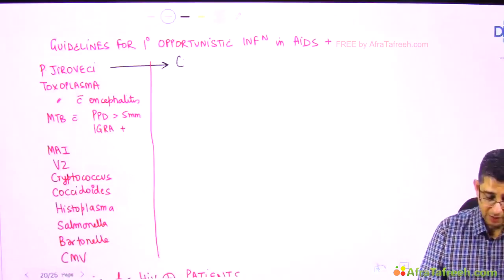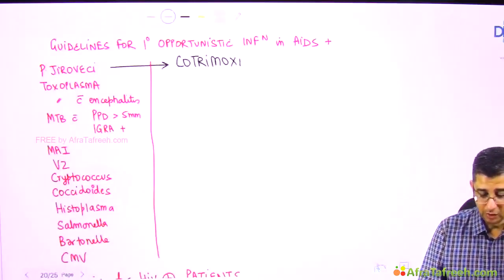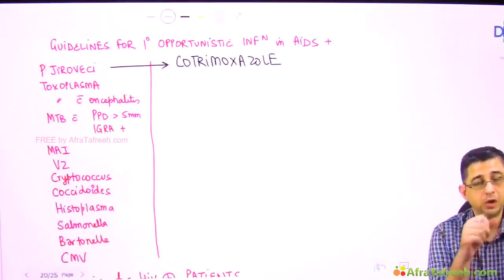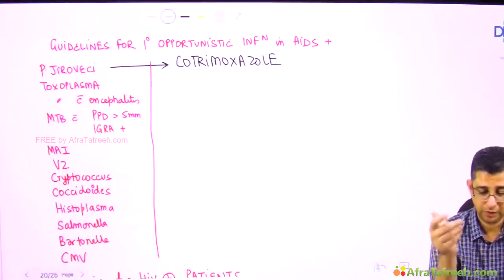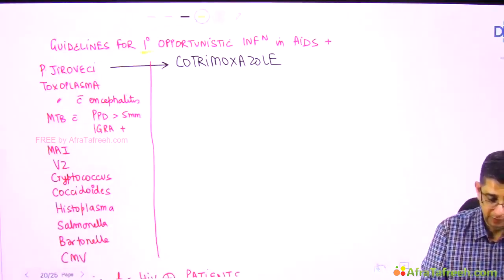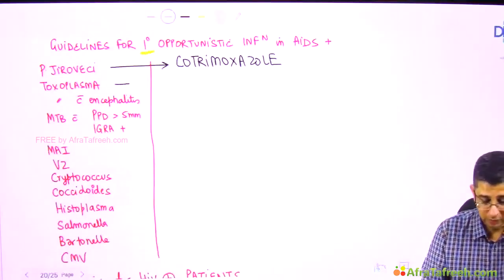For prophylaxis of pneumocystis jirovecii, the antibiotic that we use in the patient is cotrimoxazole. So cotrimoxazole is not only the drug of choice for pneumocystis jirovecii, it is also used for prevention. The double strength tablet is also used for prevention of toxoplasmosis. The answer is the same.